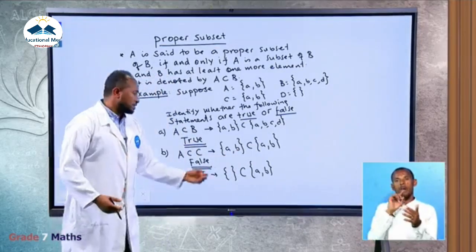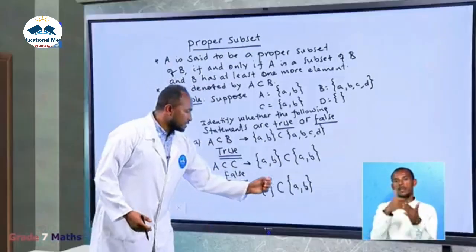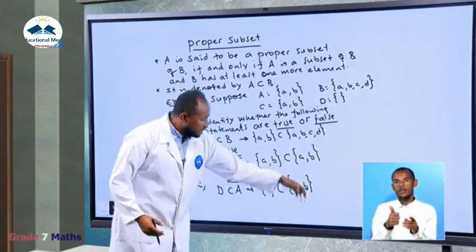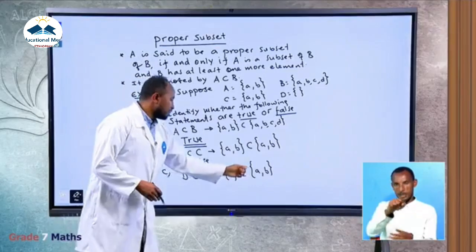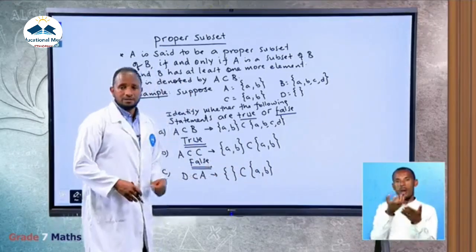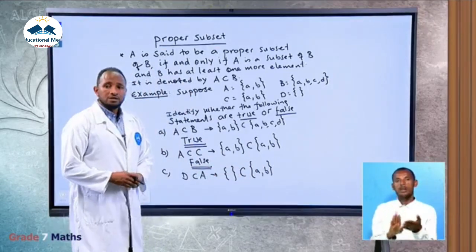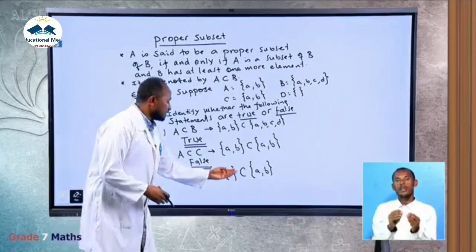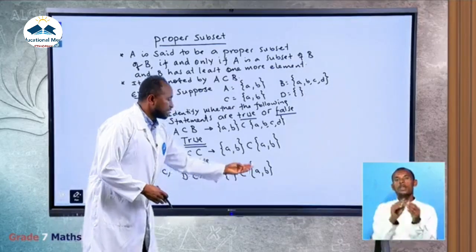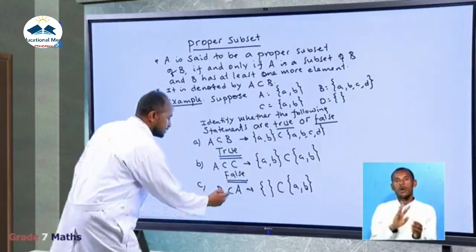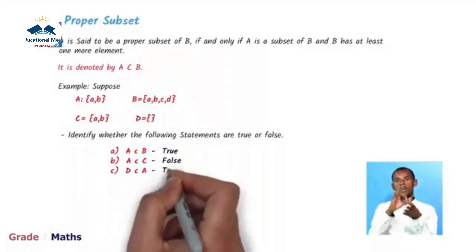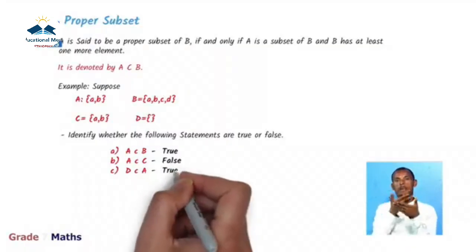After checking the subset, does the second set have additional elements than the first set? Yes, it has more elements, A and B, than the first set. Because of this, the empty set is a proper subset of the second set. So we conclude that this is a true statement.